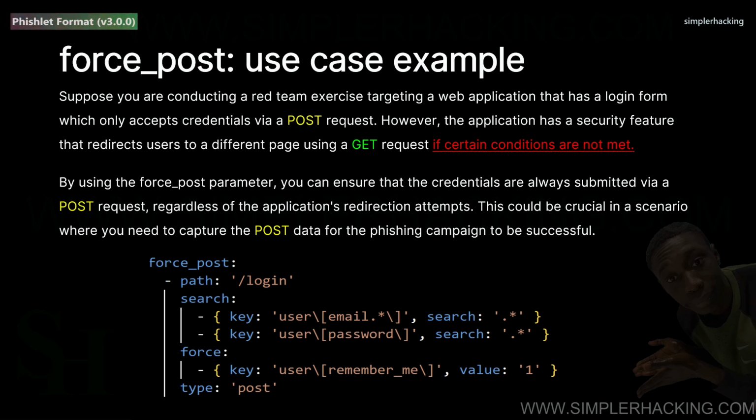The type parameter specifies that this action will always use a post request, ensuring the credentials are sent properly even if the site attempts to redirect the user using a GET request. This code is making sure that user credentials are always captured and submitted securely through a post request, despite any redirections or changes made by the website. This is a critical function in bypassing an obstacle that could prevent you from intercepting the actual login credentials. This is an overly simplistic example, but you get the point.